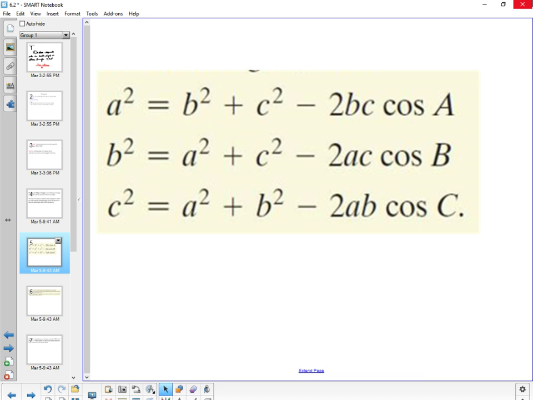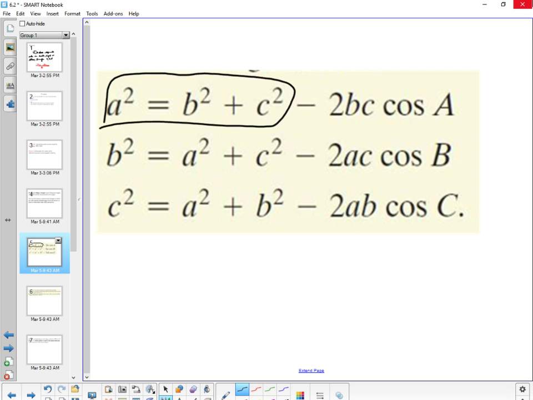Here's how I remember. If this works for you, great. If it doesn't, then figure one out and share it with me. I always remember that the law of cosines is kind of like the Pythagorean theorem: a squared, b squared, c squared. Do you see the a squared, b squared, c squared? Then you're going to take away 2 times the 2 that you added in here. See the bc?